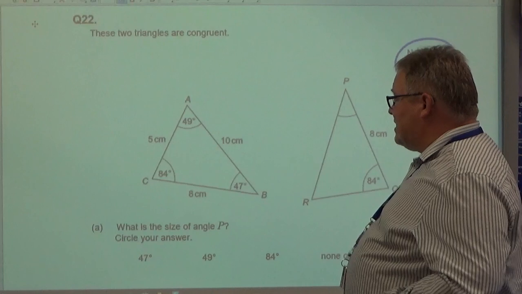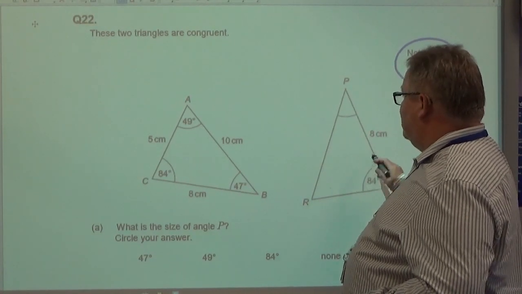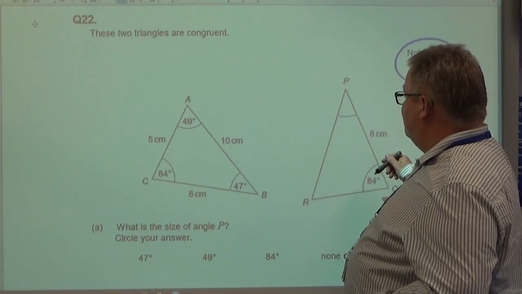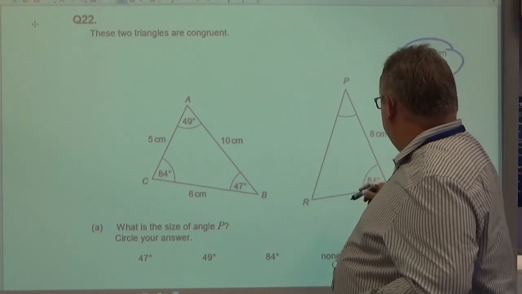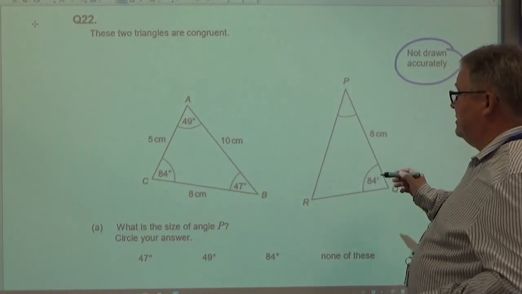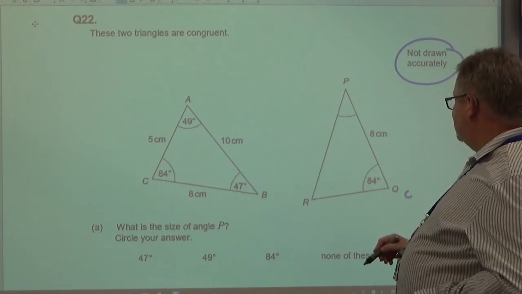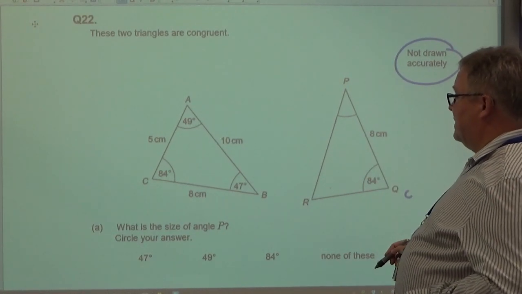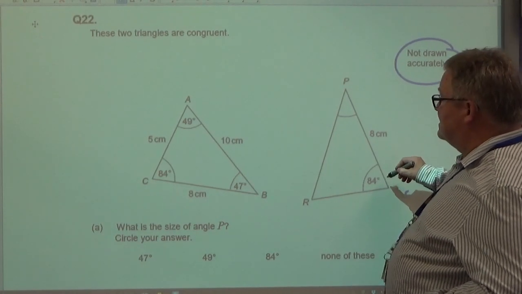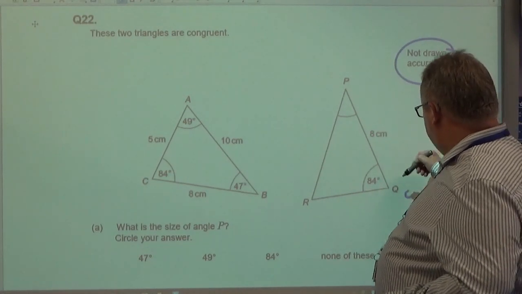So what's the size of angle P? Well, we've got angle P up here, and we've got 84 over here. One nice way of doing this is saying that's the equivalent of C over there, and then we've got our 8 centimetres there.